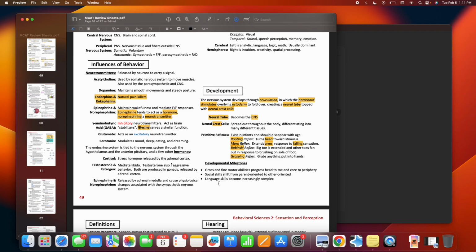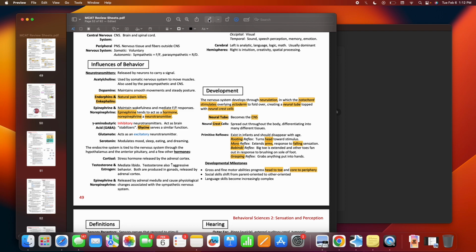Then we have developmental milestones. Gross and fine motor abilities progress head to toe and core to periphery. So it's first the core, first the head, and then to your toes, and then to your peripheries.